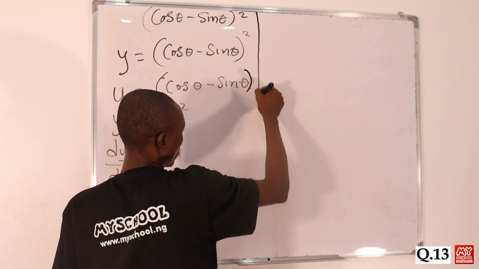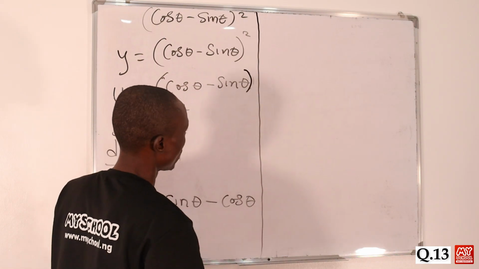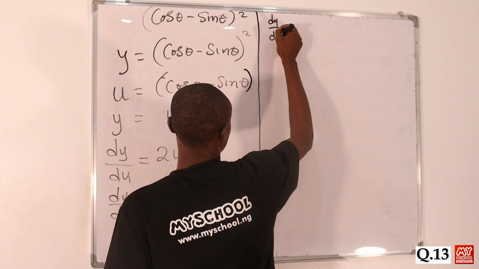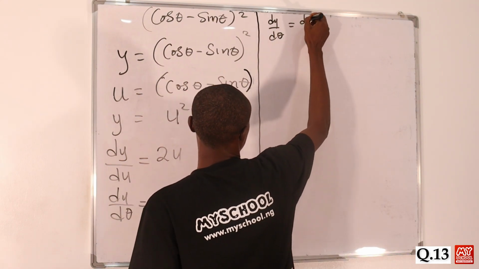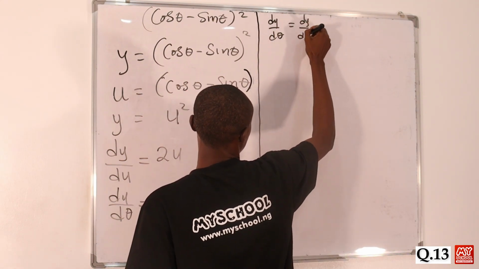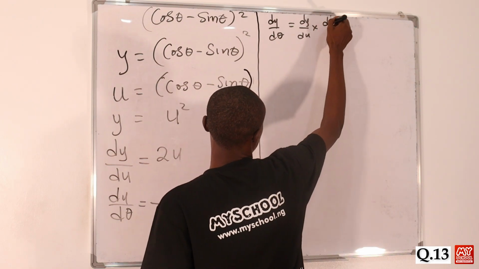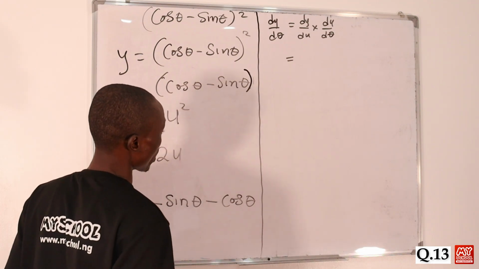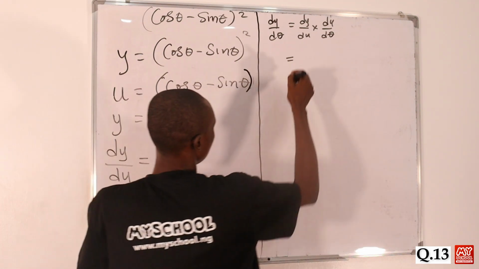Okay, so in this question too, we are applying chain rule. Remember that here dy/d theta is equal to dy/du times du/d theta. So let's bring in the values. The value of dy/du is 2u.